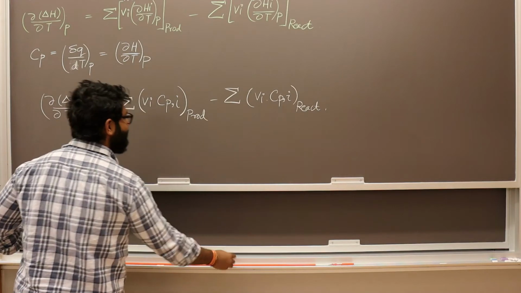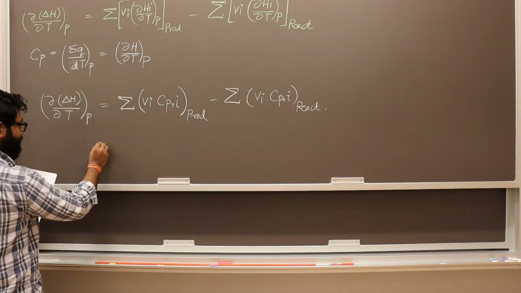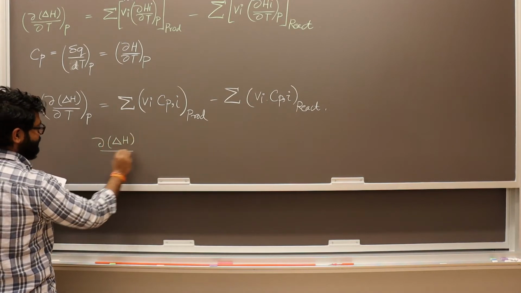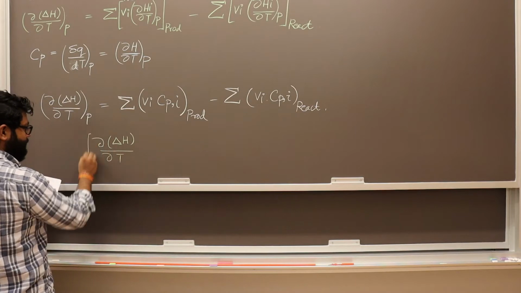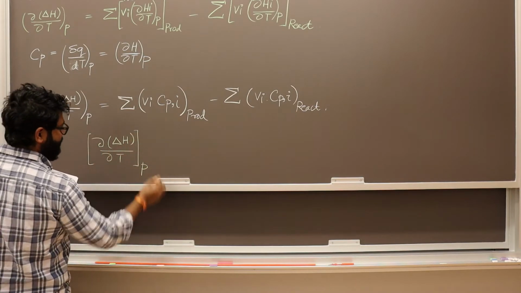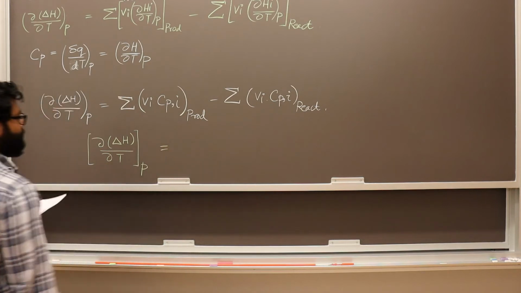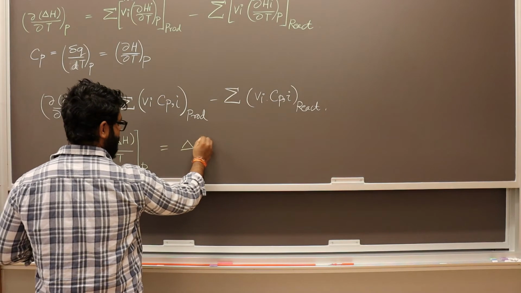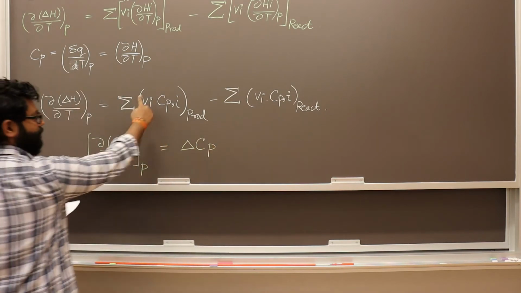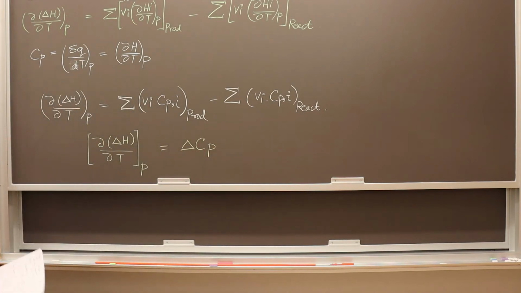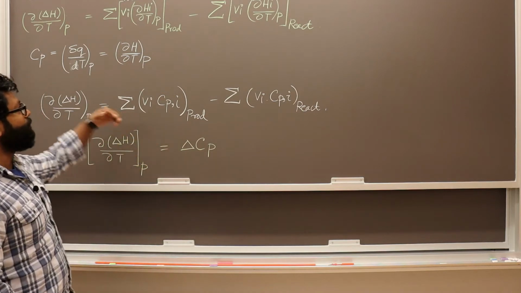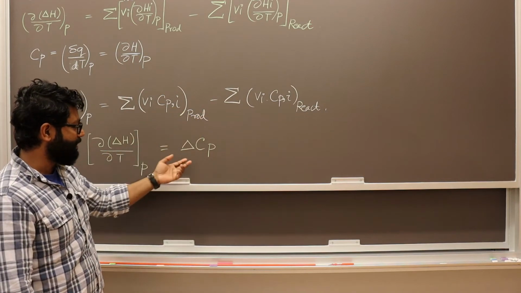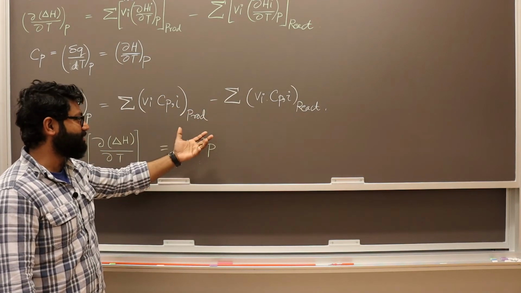So, this can be easily substituted and written as delta H by delta T at constant pressure is equal to delta of the Cp. This whole thing is just delta Cp, because this is how we used to write the delta H previously, and this is the exact same thing we are doing for the Cps, just the representation.